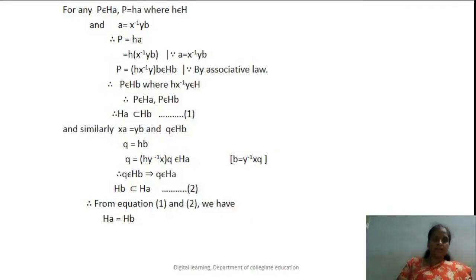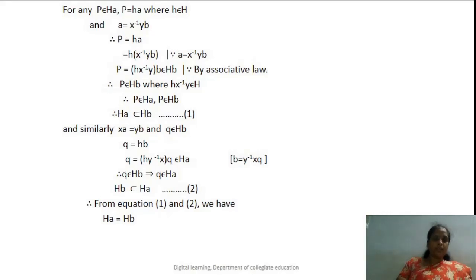Also we have said p belongs to Ha, that is, we have to take p as ha. Therefore p is equal to ha, taking a is equal to x inverse yb. We are taking this step for proving equation number 1 and 2.